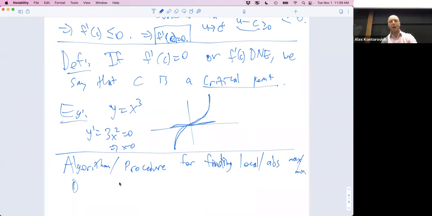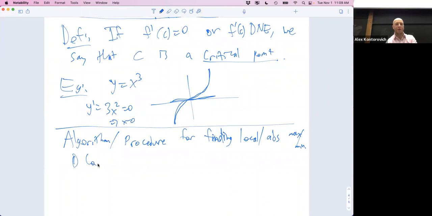First of all, you better check the endpoints. Look at endpoints. You better look at the critical points, critical values, that is, where f prime doesn't exist, or f prime does exist and is equal to 0.